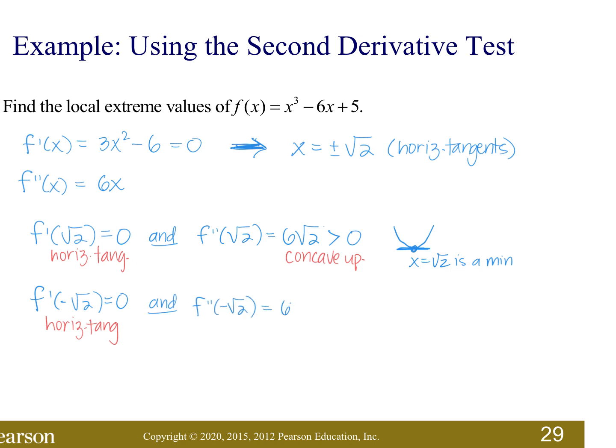That would be 6 times negative rad 2, or negative 6 rad 2. That's less than 0. So that means I have concave down. So that would be a horizontal tangent and concave down. That means that x equals negative rad 2 is a max.